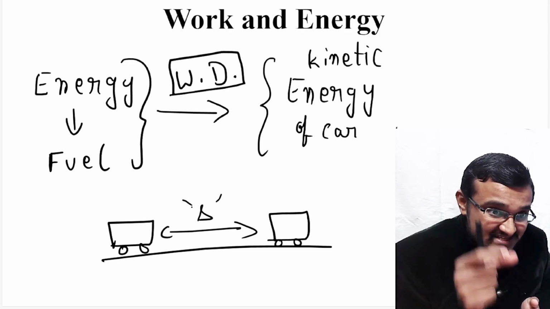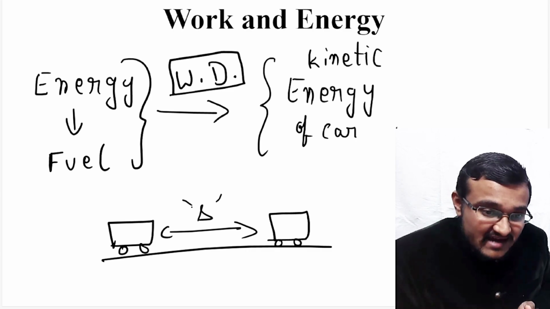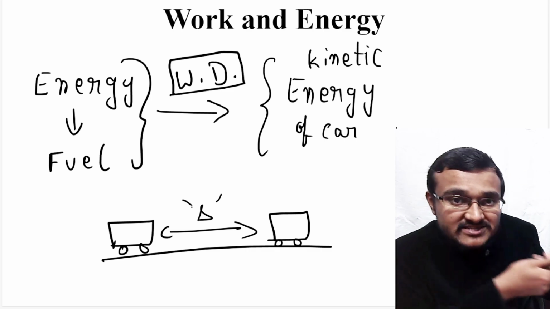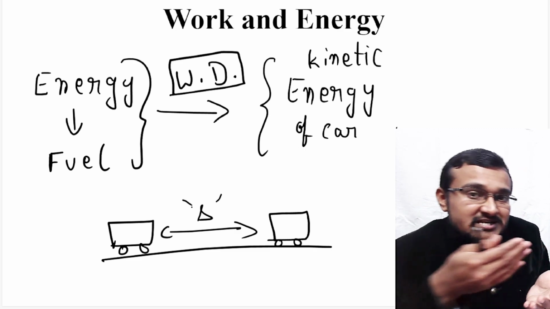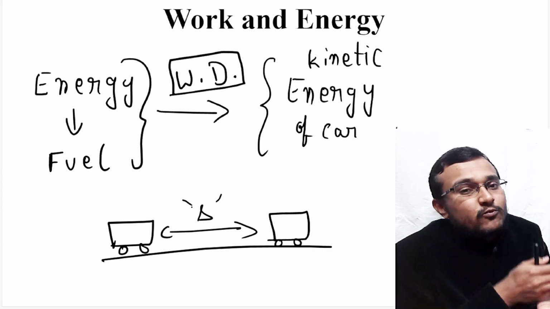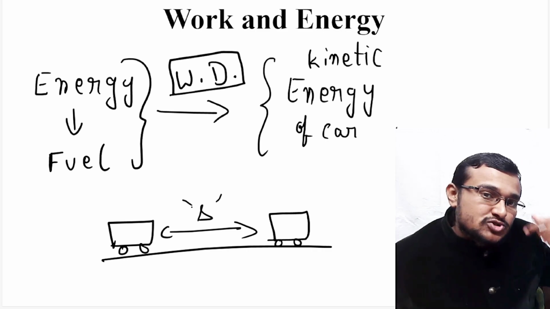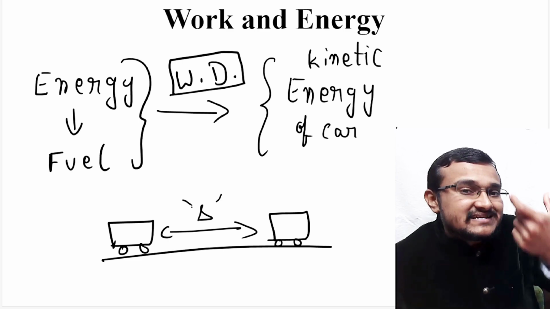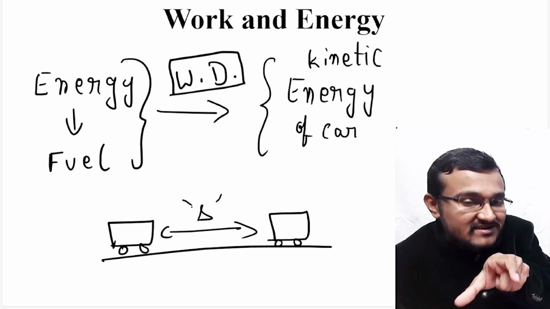Because energy is released from the fuel, force is applied on the car, and by receiving that force it moves a certain distance. That means displacement is happening, and when displacement happens due to the force, work is done. That work is done because the energy which was stored in the fuel has been transformed to the kinetic energy of the car.